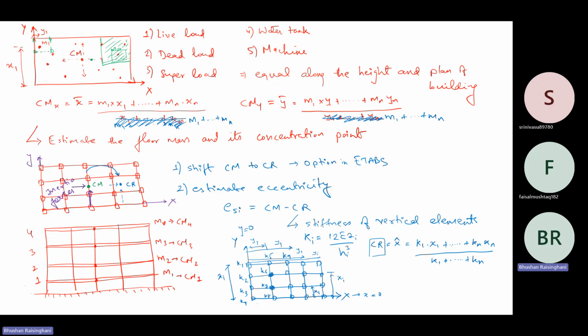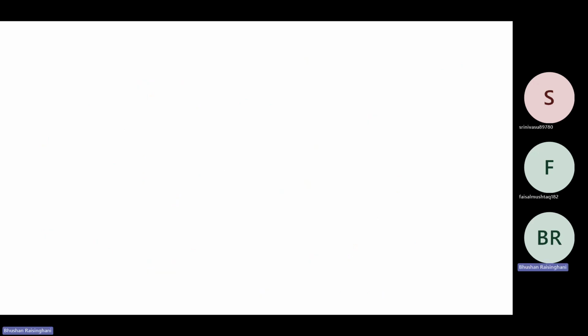So there were two methods that we were seeing to consider CM and CR. Two ways: either shift CM to CR or estimate the eccentricity. For eccentricity, you calculate the difference between CM and CR. To estimate CR, you need stiffness values and ordinate values. And for CM, you need the mass value and the ordinate value.